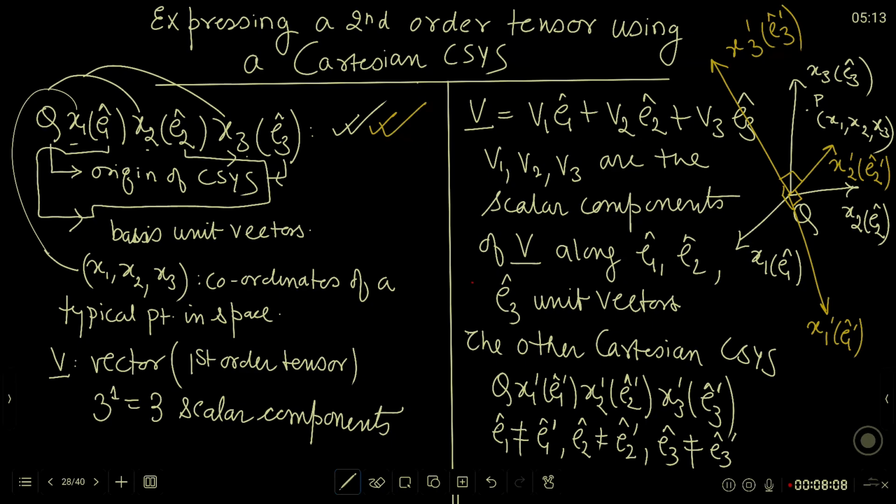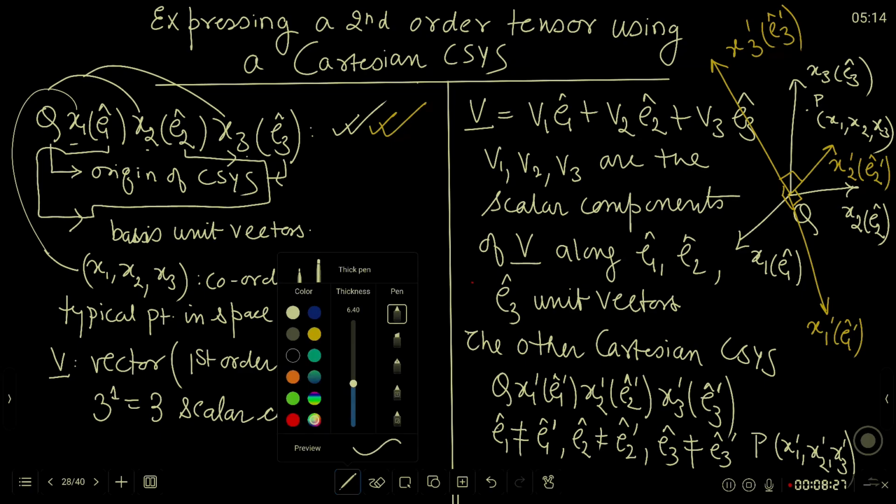Okay. And similarly, this point P will now have its coordinates as this. Point P is the same. It's the same point P, but it will have a different set of coordinates because now the working coordinate system itself has changed.